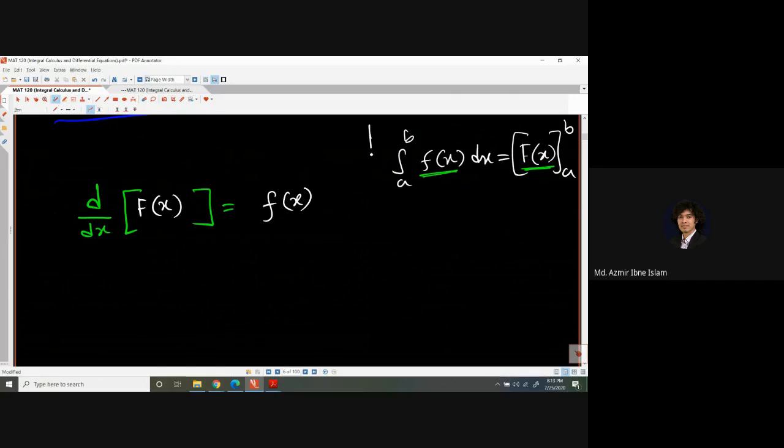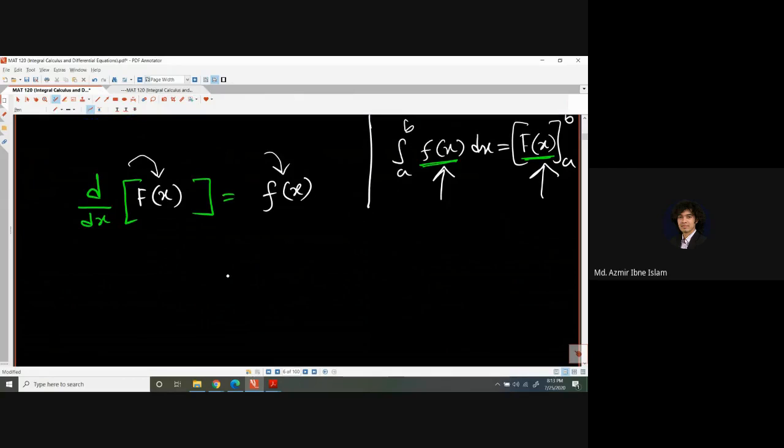In other words, if we integrate small f of x, we will get the antiderivative capital F of x. So the derivative of the antiderivative will give us the main function back. This is the relation between the antiderivative and the main function.